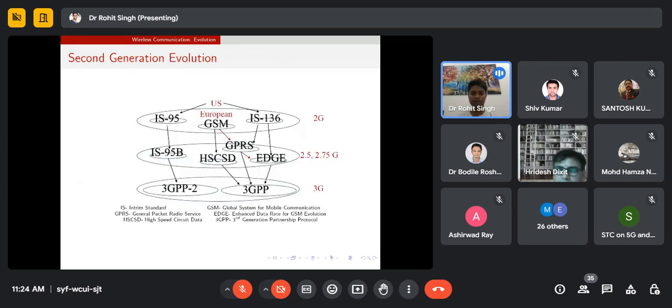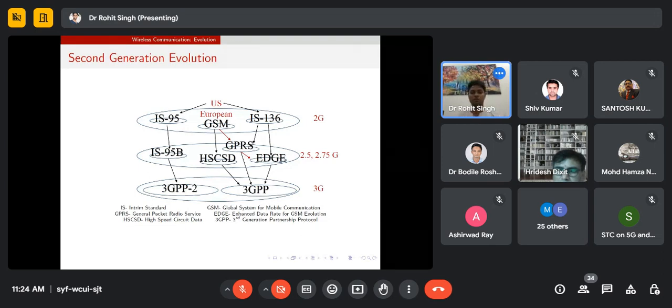So this is the whole graph of how this standardization has worked. As I mentioned earlier, different nations and countries used to have their own standards. So efforts were made by the end of the 1980s and 1990s to standardize things, so that irrespective of your location across the globe, your mobile could work everywhere.